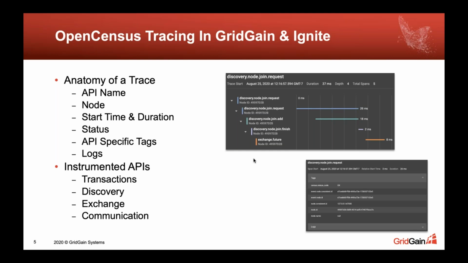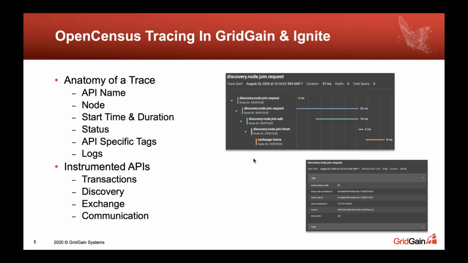For Ignite, that generally will include the name of the API that was called, the node where that API executed, when that API call started and when it completed, its status, whether it failed or passed or has some other status that we need to report.